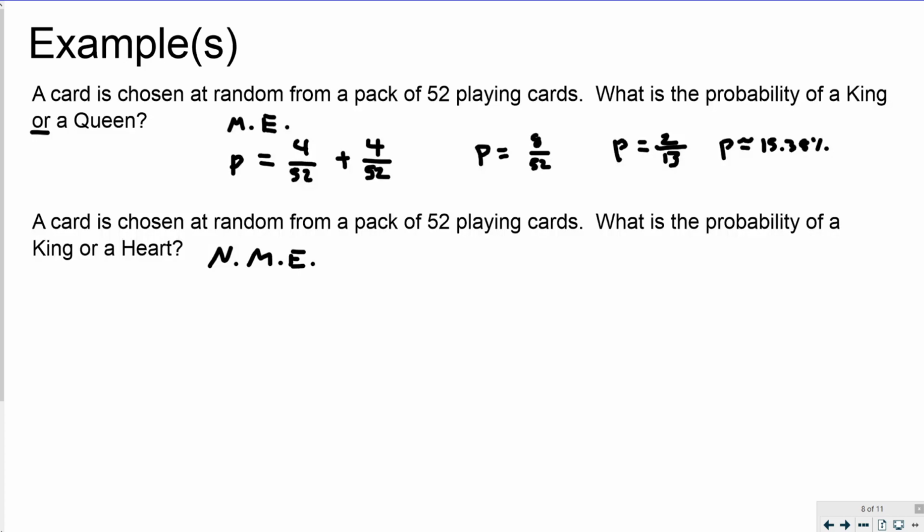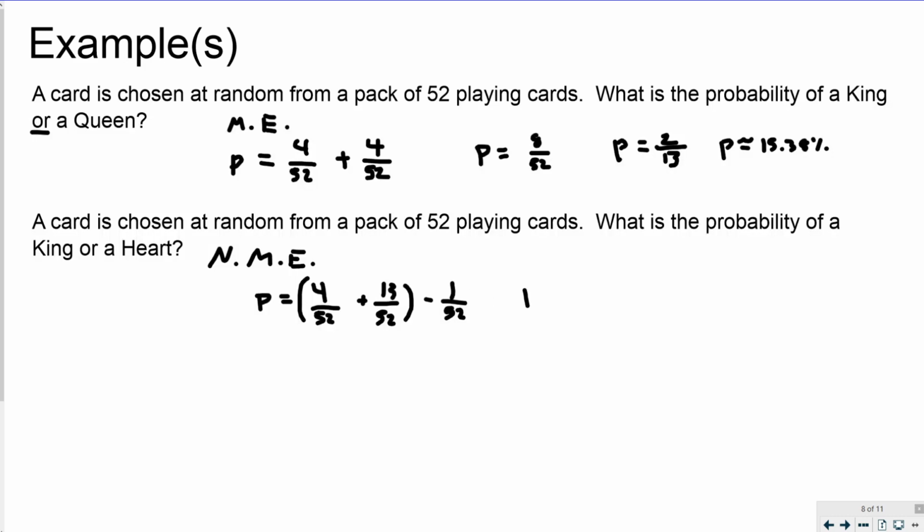For this one here, we have to add the probabilities. So there are 4 out of 52 kings. So four kings out of 52 cards. Plus, there are 13 hearts in the deck out of 52. However, and this comes up first, there is 1 king of hearts that we must take out. There's 1 out of 52.